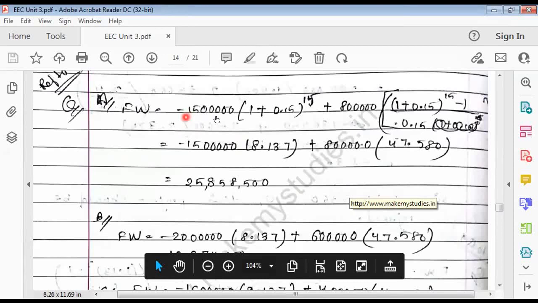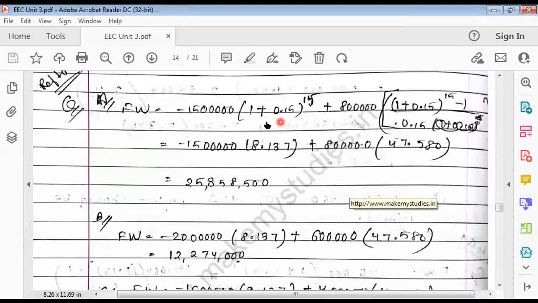So look at the solution. Minus 15 lakhs times the normal compound interest formula. Why? Because 15 lakhs is a single amount, and we need to find out its future worth. So 1 plus 15% whole to the power t, that is t is also 15. So 1 plus 15% whole to the power 15. Then plus 8 lakhs.